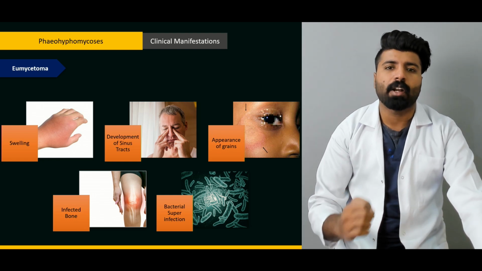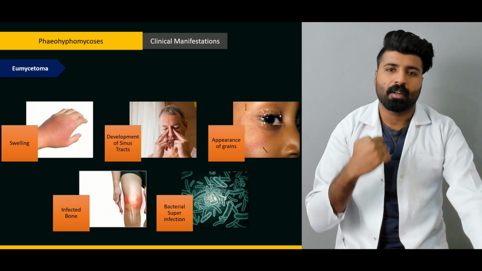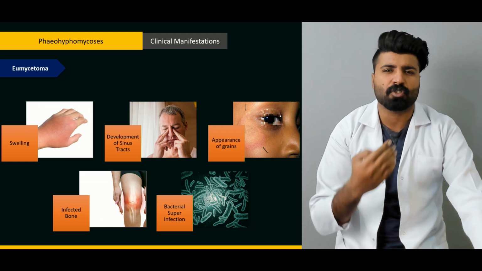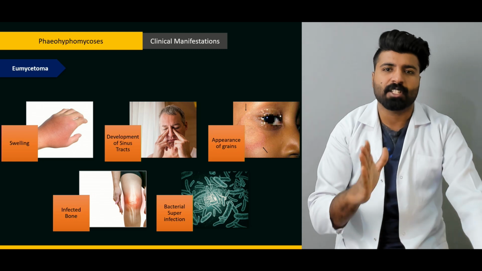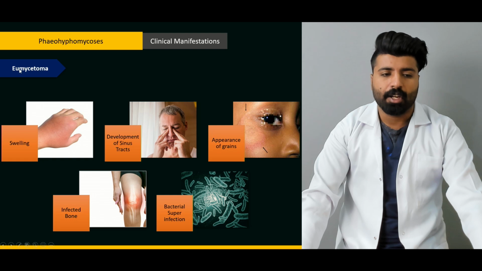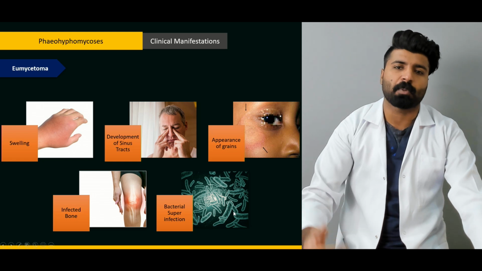That's what's called bacterial superinfection. Bacteria come in, and most probably they're opportunistic infections, which take advantage of this state of the body in which it's defenseless. So, in mycetoma, we have swellings, development of sinus tract, appearance of grains, infected bones, and bacterial superinfection.